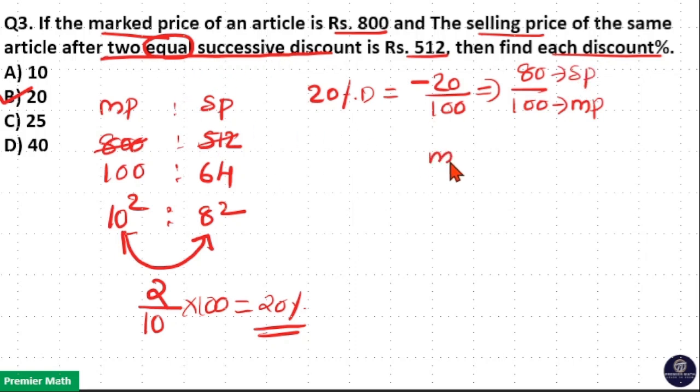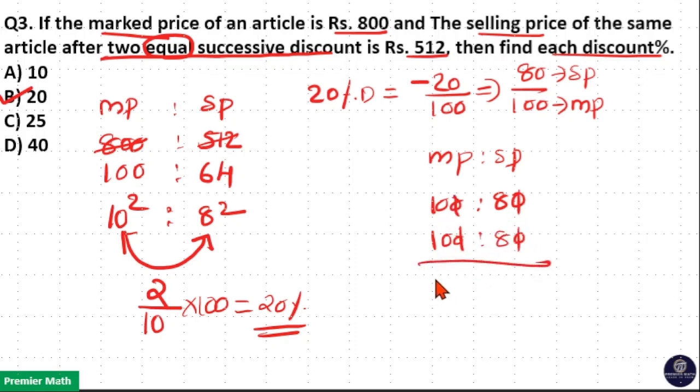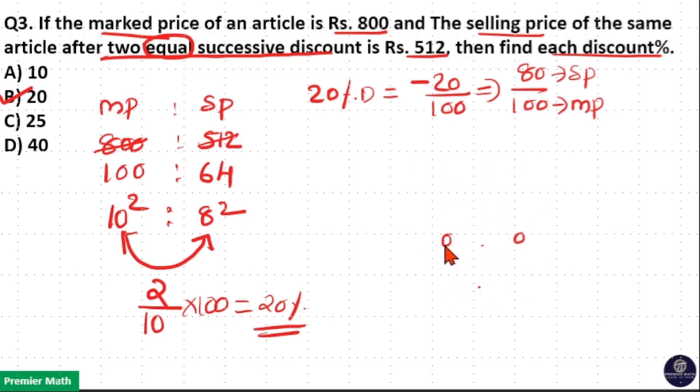That means the marked price and selling price ratio: 100 is the marked price, then the selling price is 80. Now there are two such successive discounts, which means again 100 is to 80. Now you can cancel this 0 here. Now this will become 100 is to 64. This is what we get here. That's why I said you can take the square.